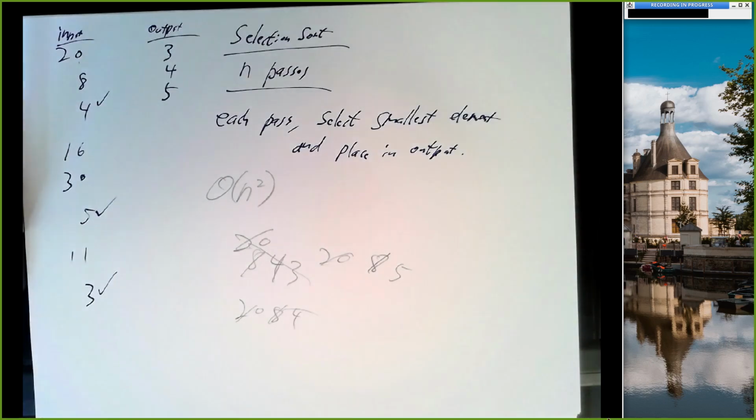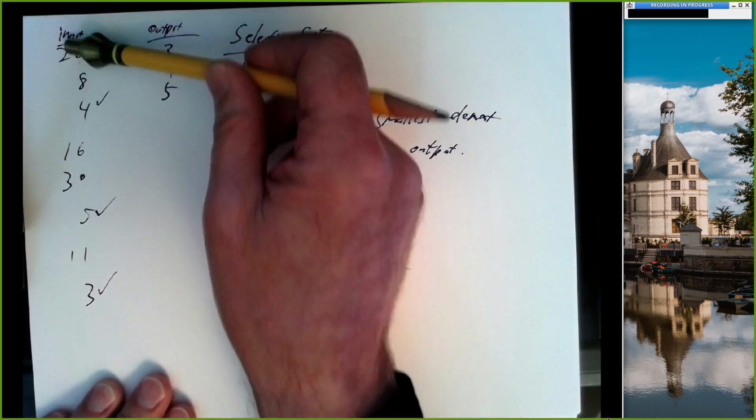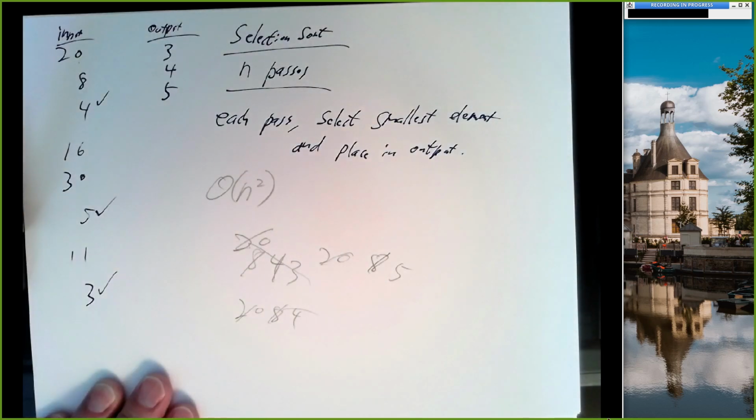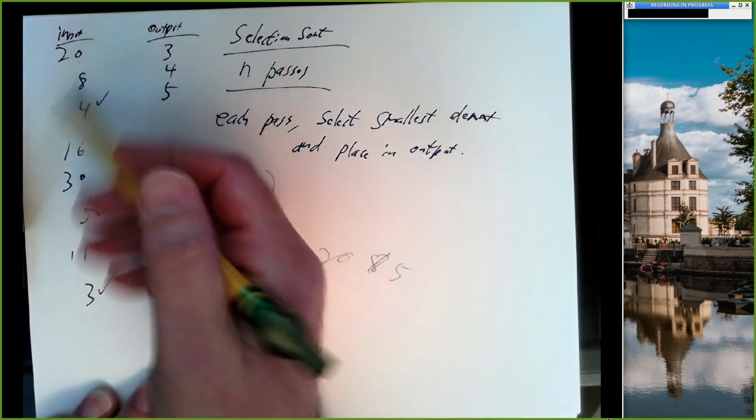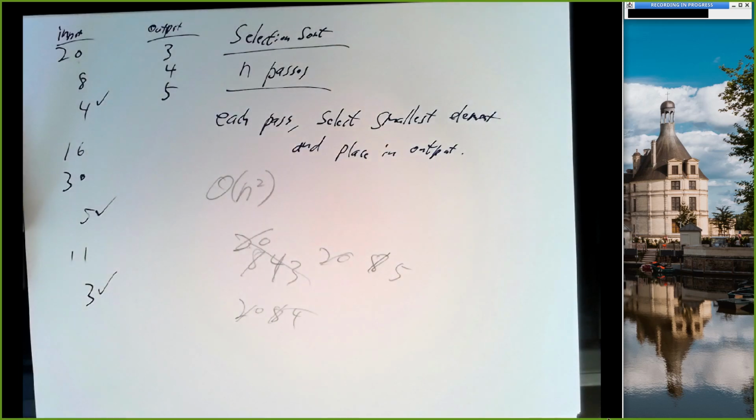If we're just tagging them, adding a flag or setting them to infinity or something, then we're still actually going through n pieces of input. And we do that n times, total of n passes. So this is still an order n squared. Any advantages to a selection sort over a bubble sort that you can think of?